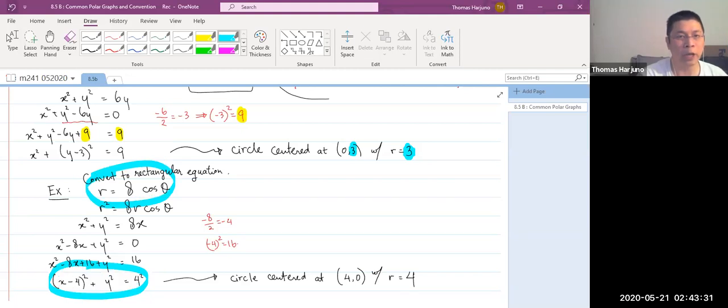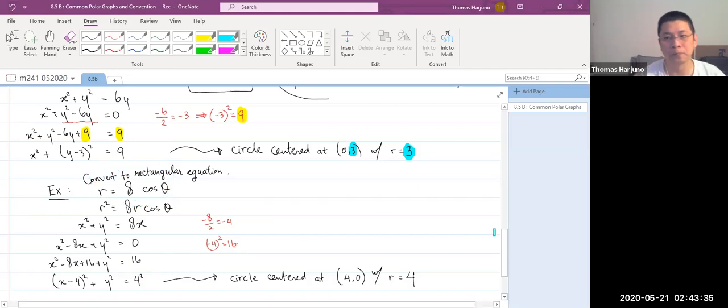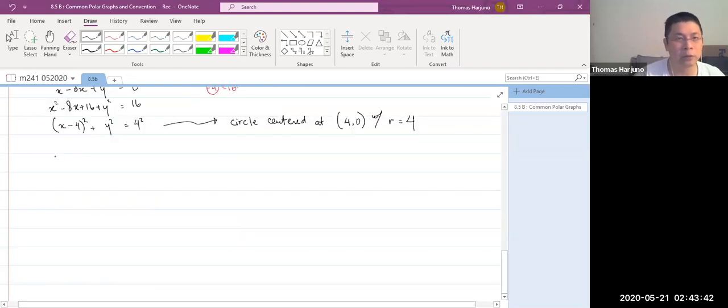But before we actually do that, I want you to do me a favor. You need to have a hands-on experience here. I need you to create a table for r equals 8 cosine theta.